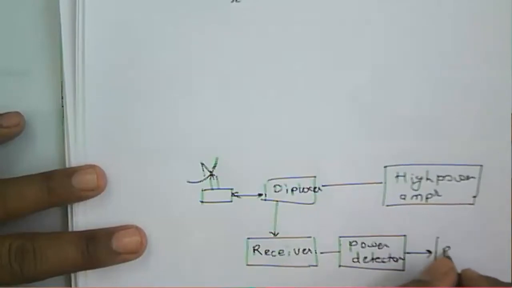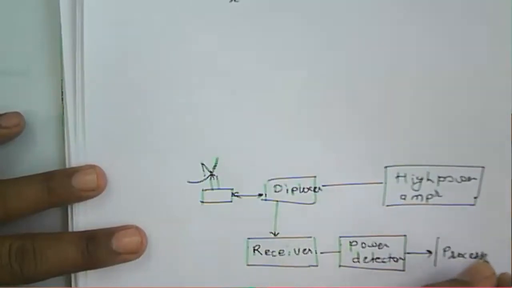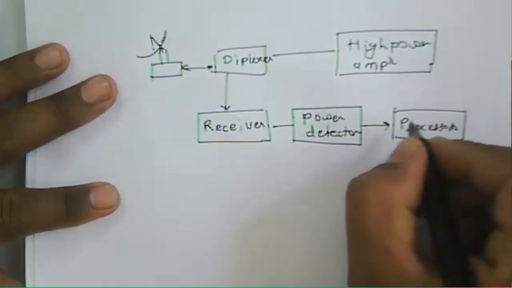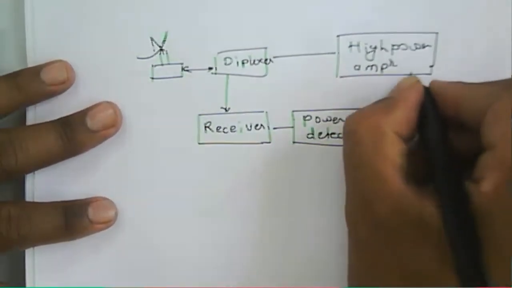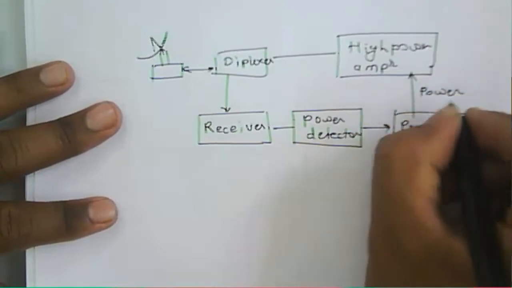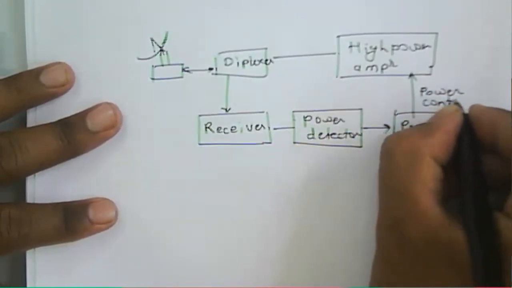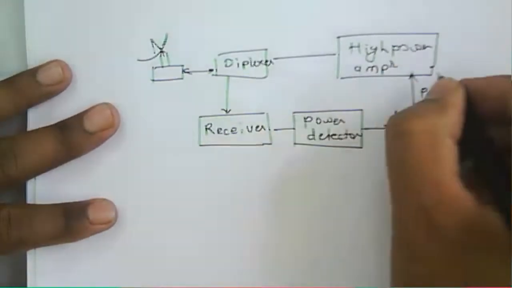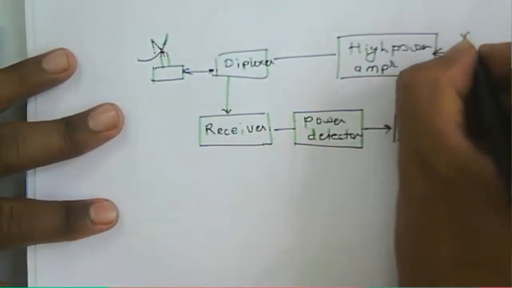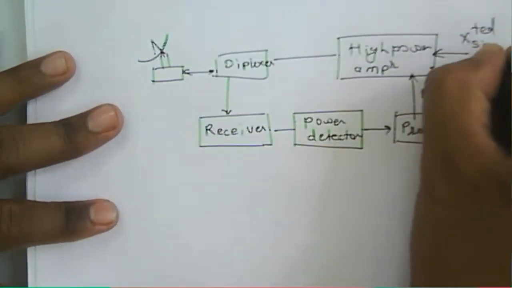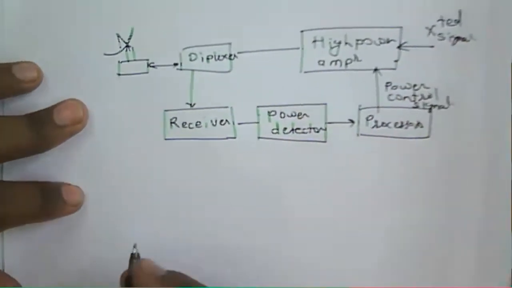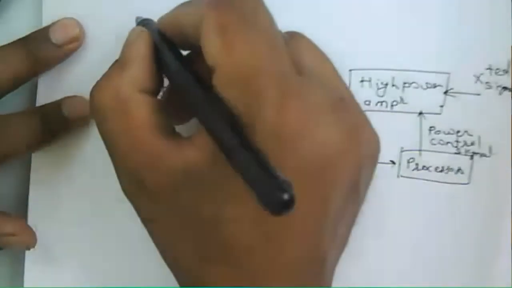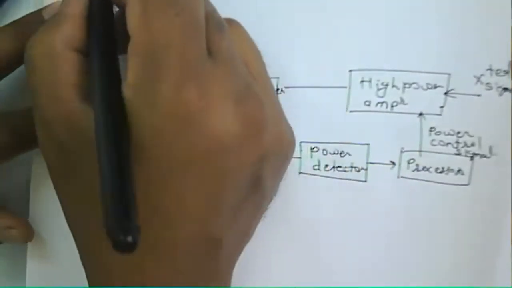Then we have a processor. Then this one is the power control signal. And this one is your transmitted signal.